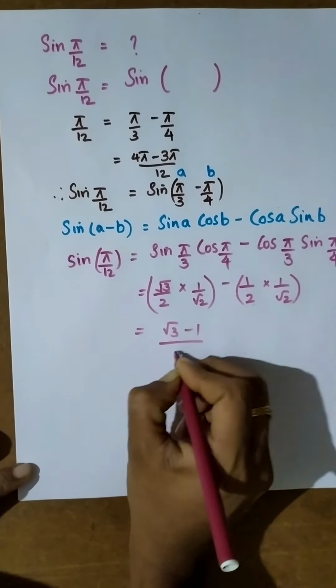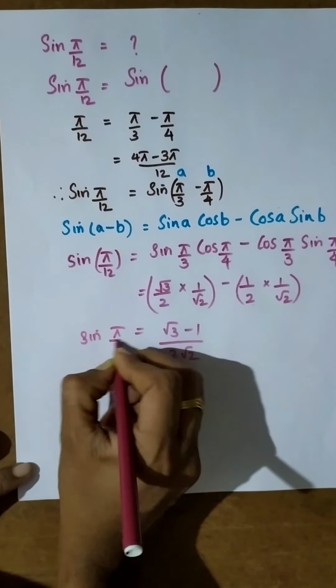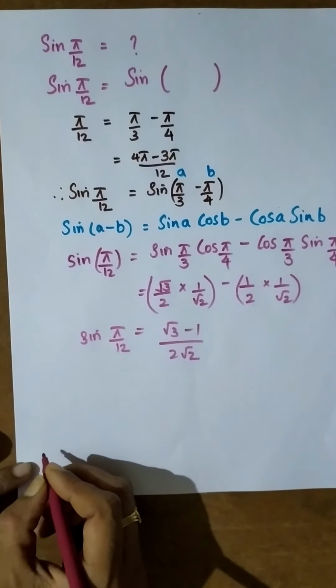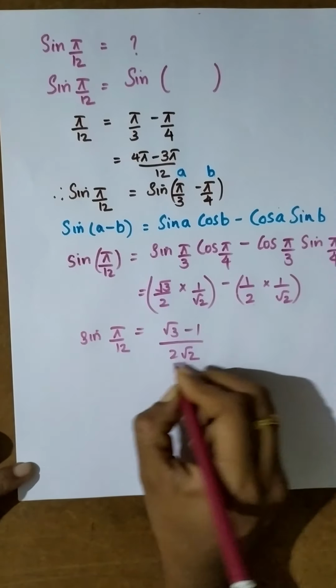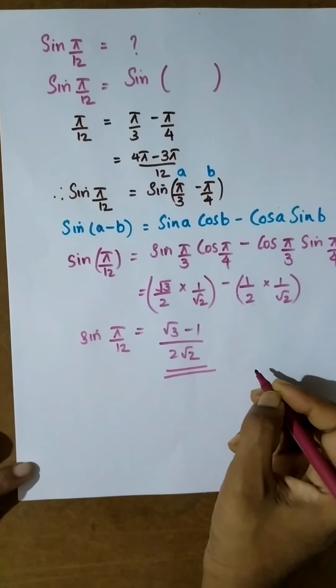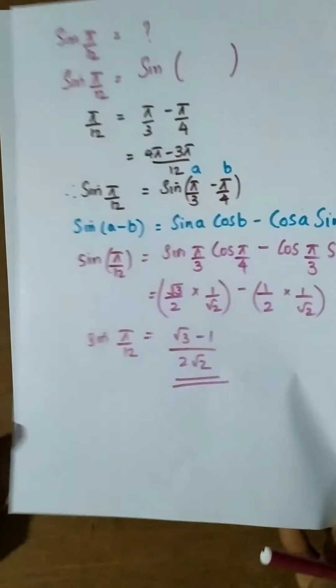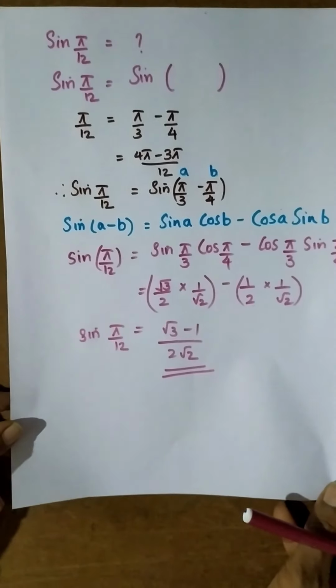So sine pi over 12 can be written as sine of pi over 3 minus pi over 4 and apply the formula sine A minus B. Then you will get sine pi over 3 cos pi over 4 minus cos pi over 3 sine pi over 4, and subbing the values you will get root 3 minus 1 over 2 root 2.